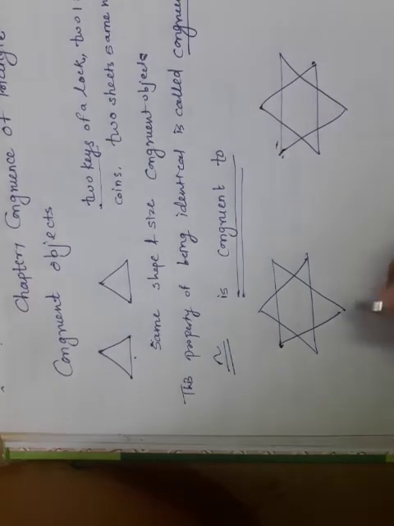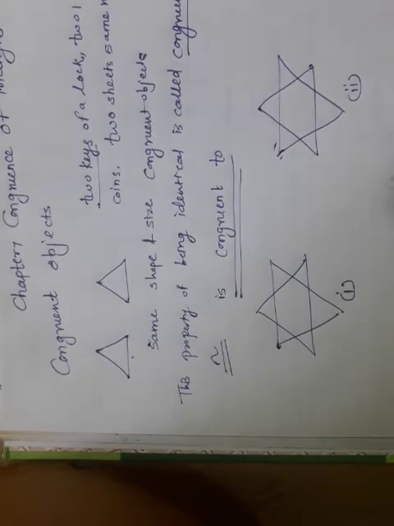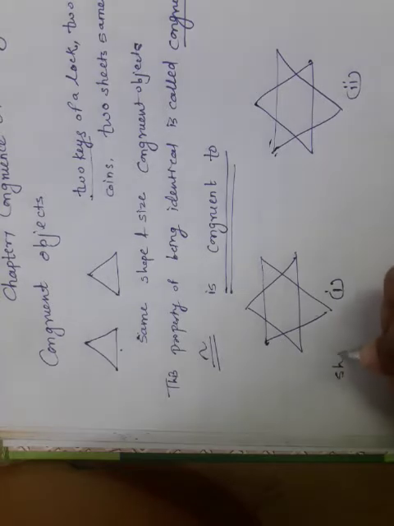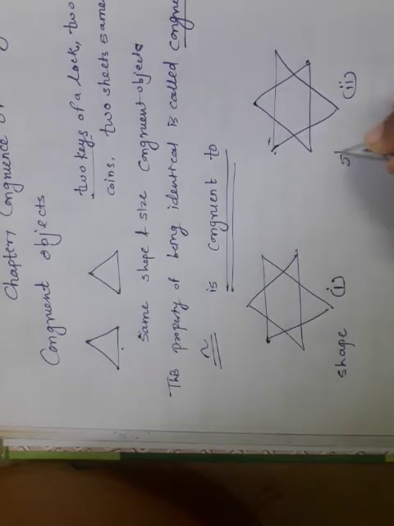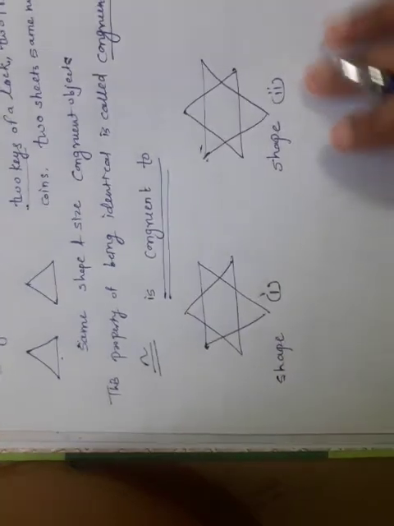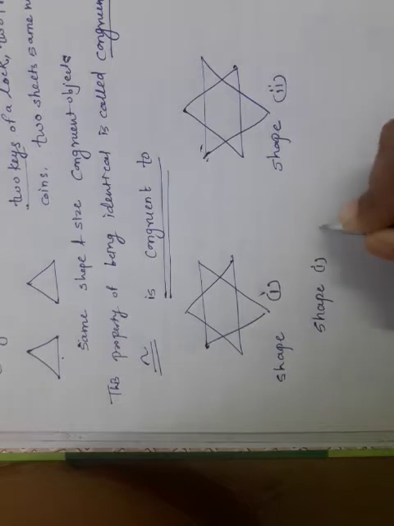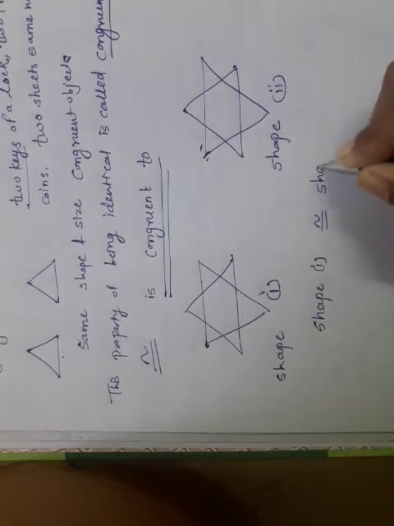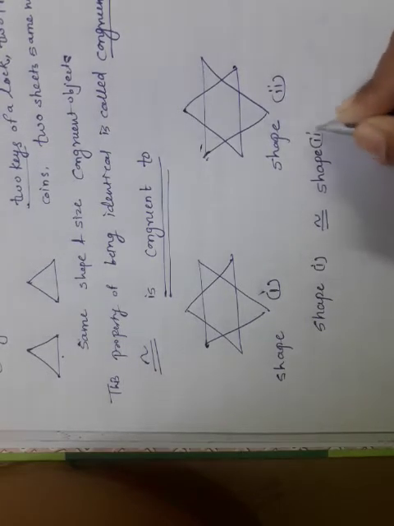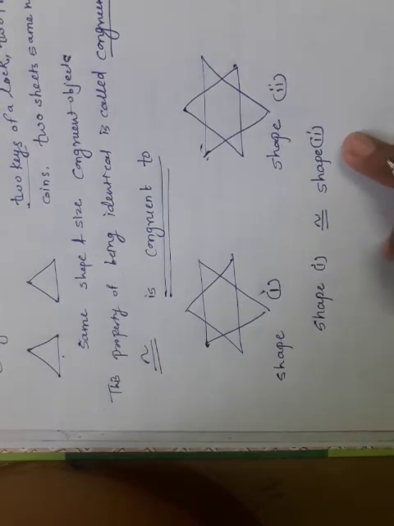This is the first figure, this is the second figure. We can call them shape 1 and shape 2. These two figures are exactly identical, so we can write shape 1 is congruent to shape 2.